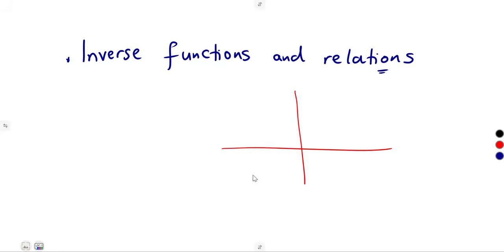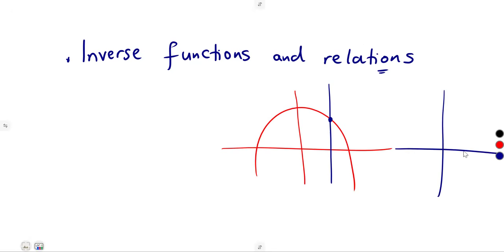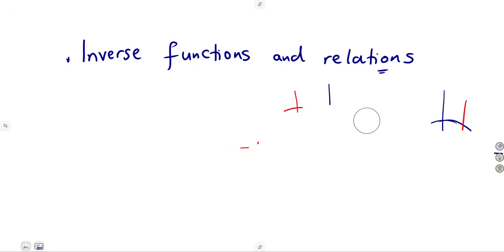If a vertical line cuts the graph at a single point, then that graph is referred to as a function. When it cuts the given graph at 2 points or more, then that graph is referred to as a relation.